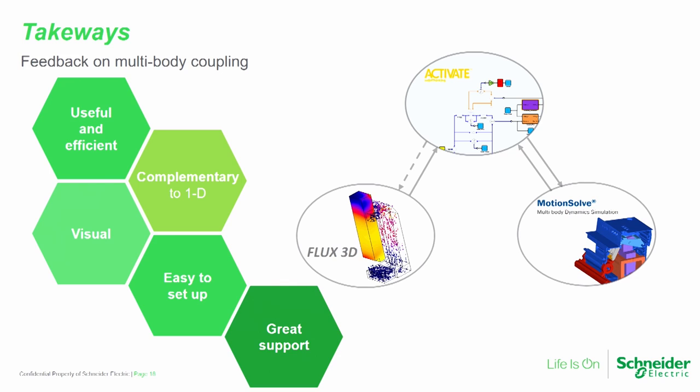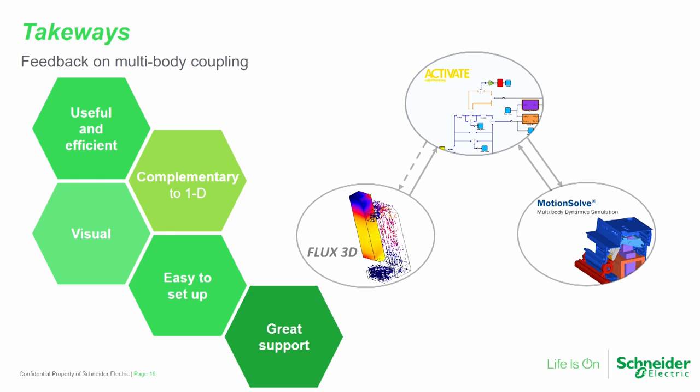I don't know if you're familiar with 1D mechanisms with Modelica, but sometimes it can be quite tricky to tune your parameters and set your initial conditions. With this, if you miss the contact and the part goes wrong, if anything is wrong, you can see it very quickly, and it's easy to build.